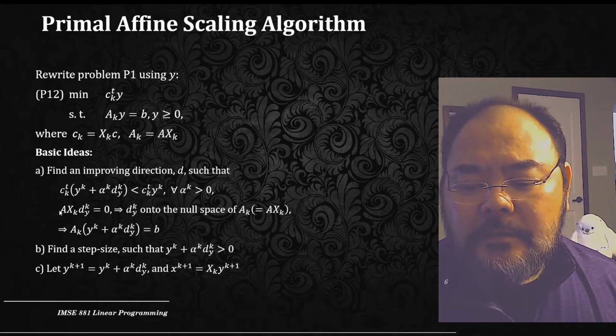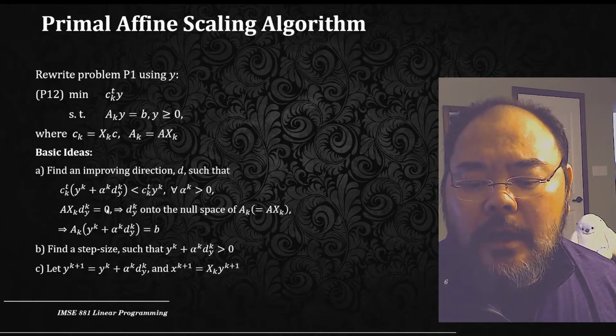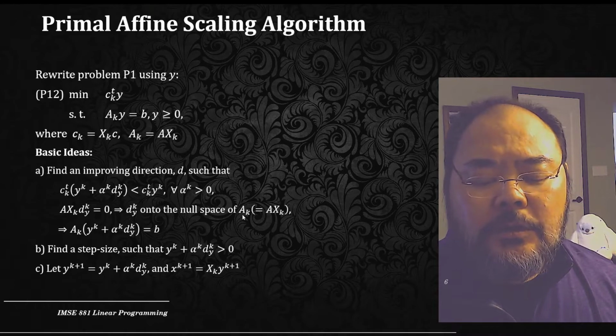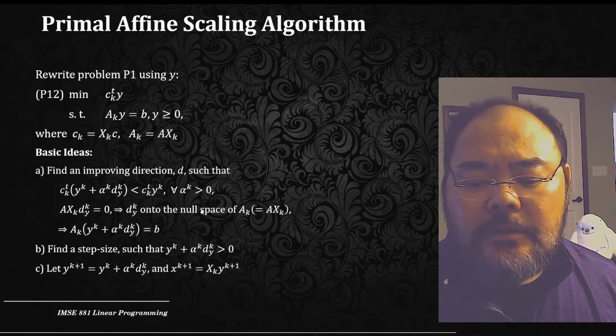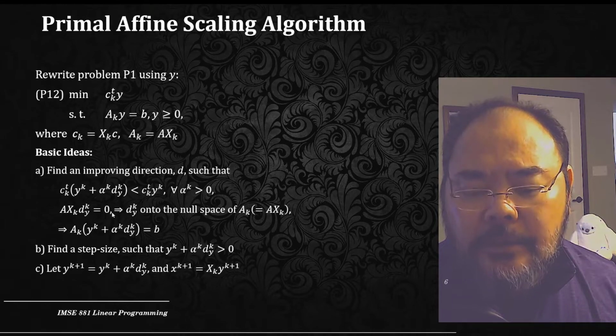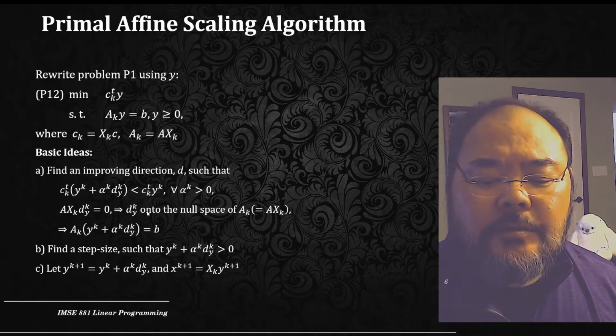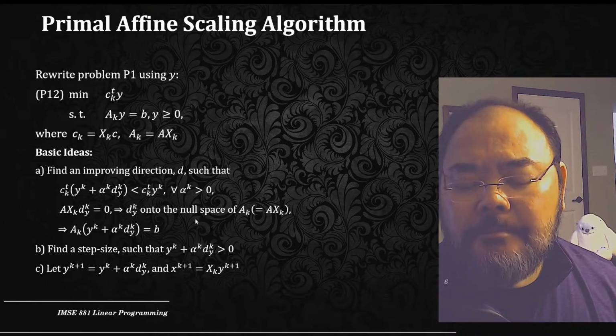In that case, we can conclude a times xk times dy is equal to 0, because it has to be a feasible direction. So the first condition guarantees it is an improved direction, and the second equation guarantees it is a feasible direction, which means it satisfies ak times y equals b.